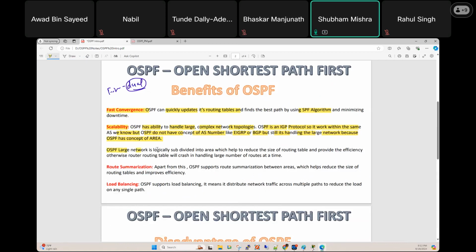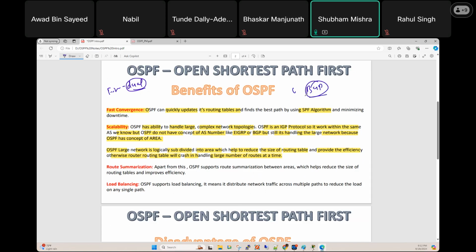OSPF: a large network is logically subdivided into areas, which helps to reduce the size of the routing table and provides efficiency. Otherwise, the router's routing table will crash handling a large number of routers at a time. That is the reason we have the concept of BGP, because there is one problem in OSPF: it cannot handle a very large network.